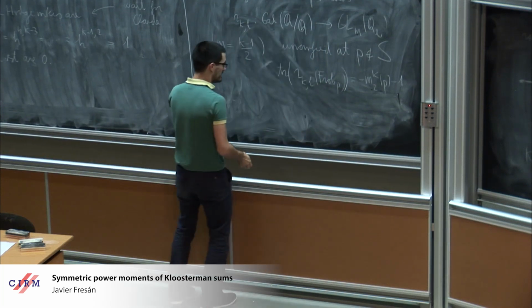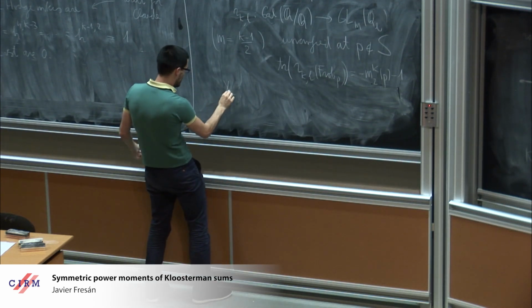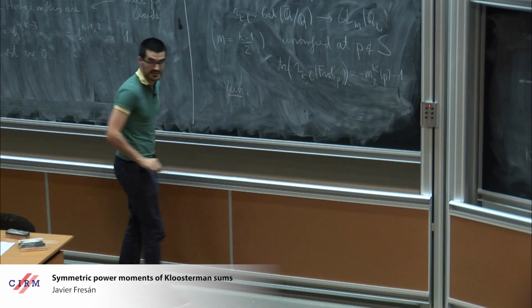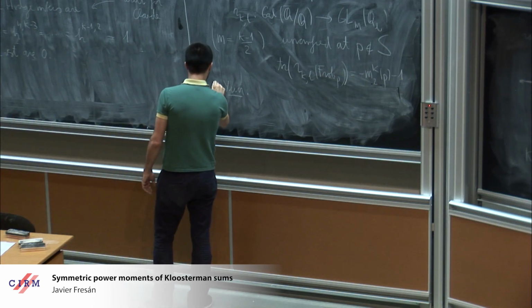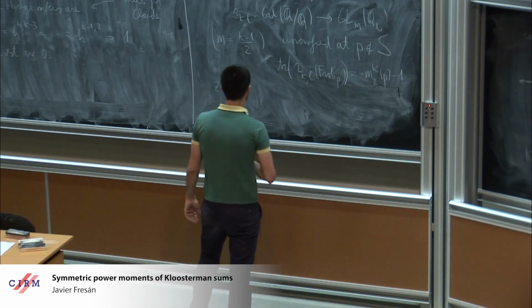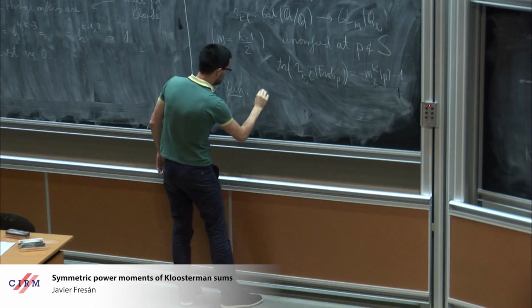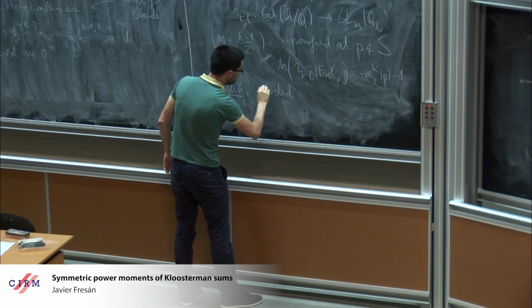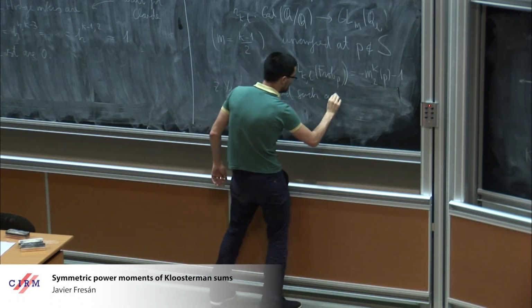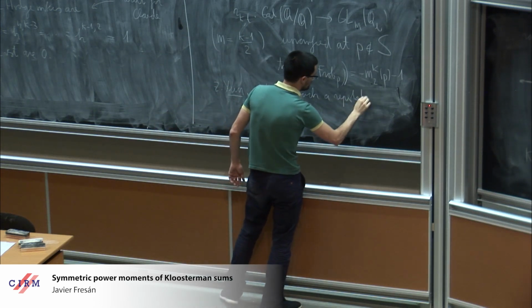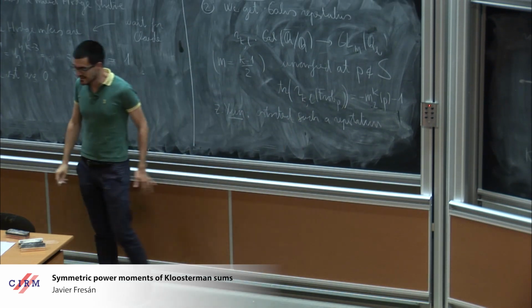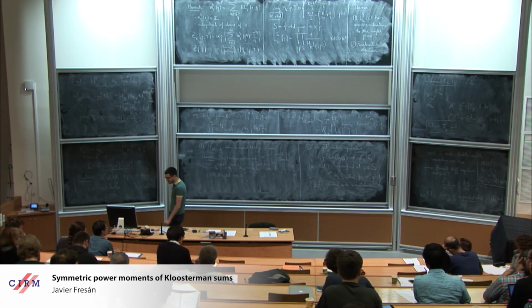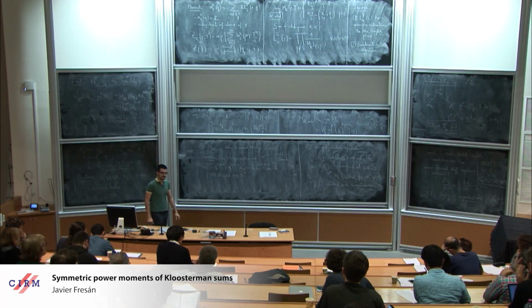And here I should mention that these representations were constructed before by Siwei Yun. So he constructed such a representation, and he also proved that they appear as a sub-quotient of the cohomology of a smooth projective variety.